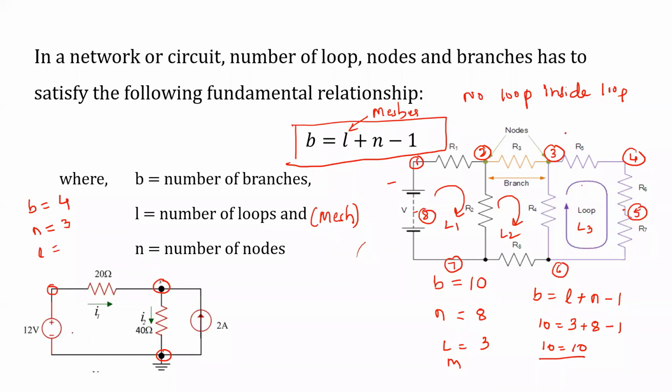There are 2. This is 1 and this. Okay, verify this. Number of branches is 4, loops are 2, nodes are 3 minus 1. LHS equals RHS. We can consider any network, and this formula holds good.